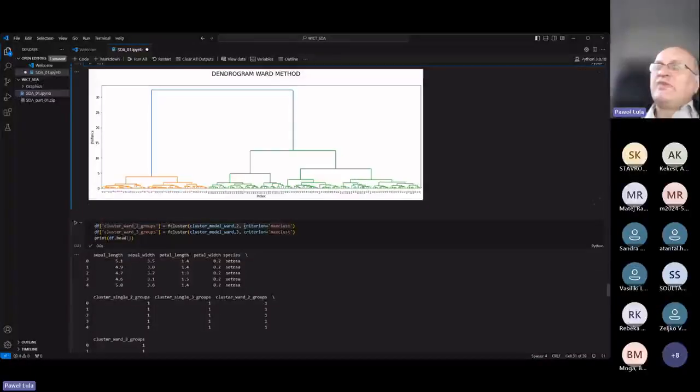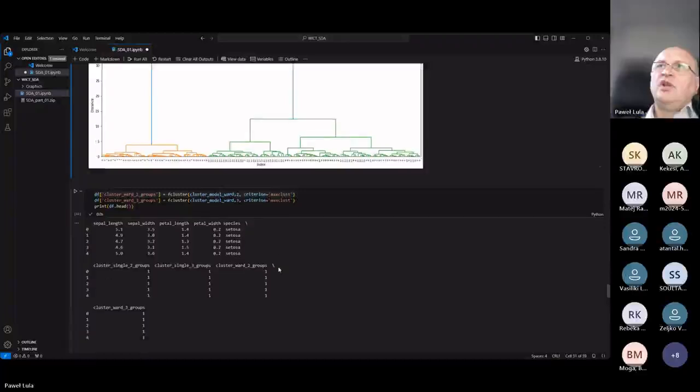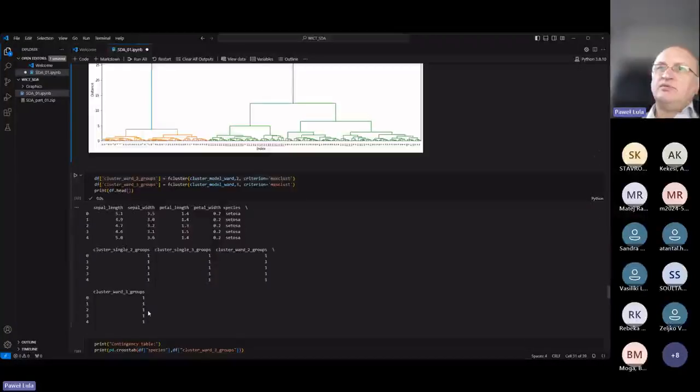But as in our previous example, I divided this dendrogram into 2 and 3 clusters. And I saved the information about the way of clustering into columns: cluster Ward 2 groups, cluster Ward 3 groups. So now our data frame looks like this object which we have here.